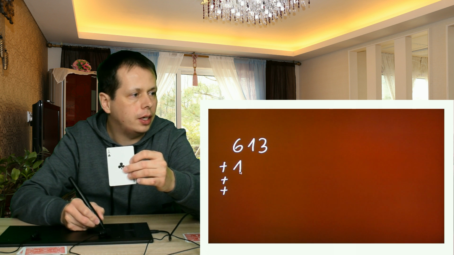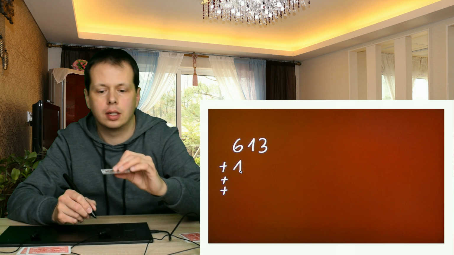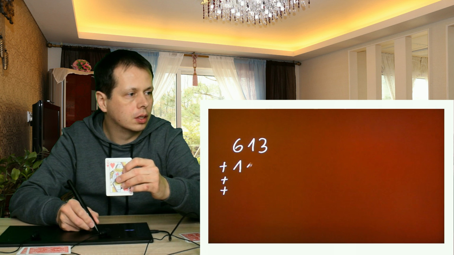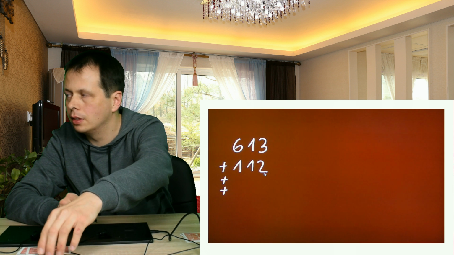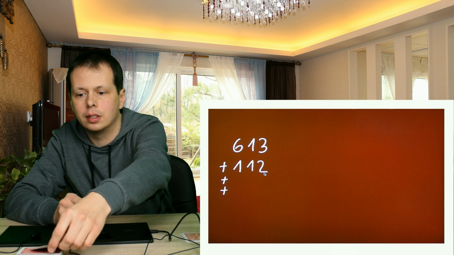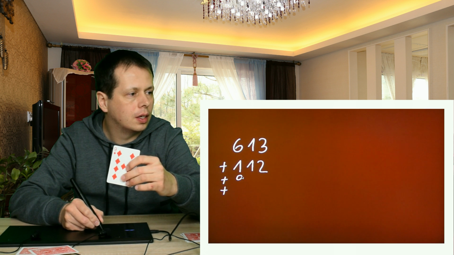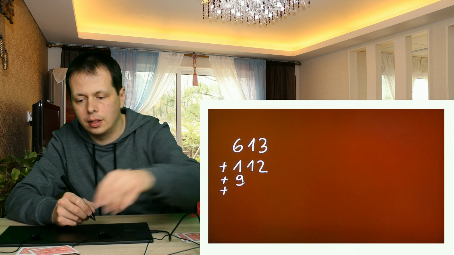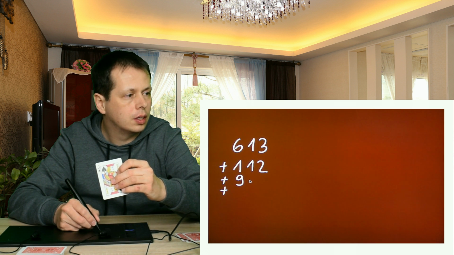Next is ace, counts 1. Queen counts 12. And a 9. And a jack.